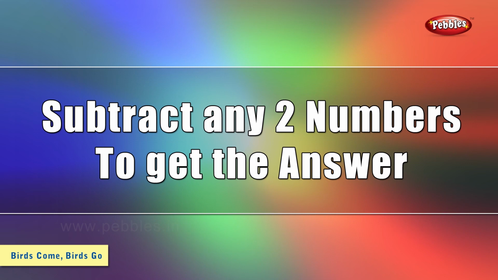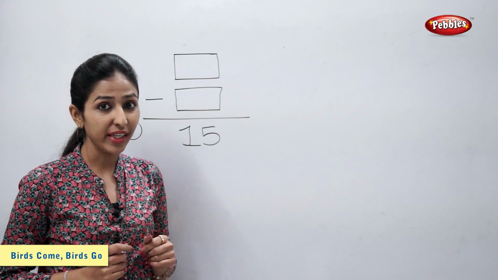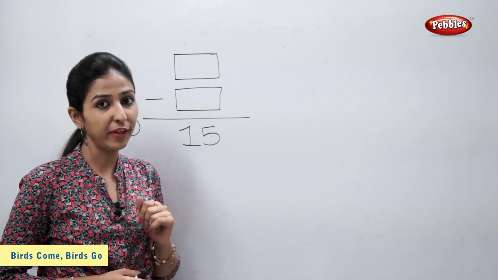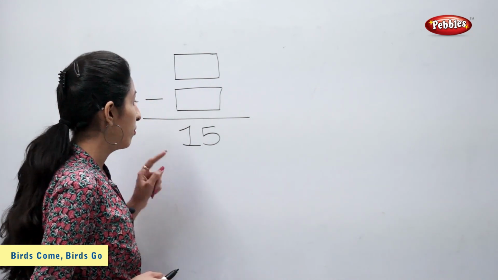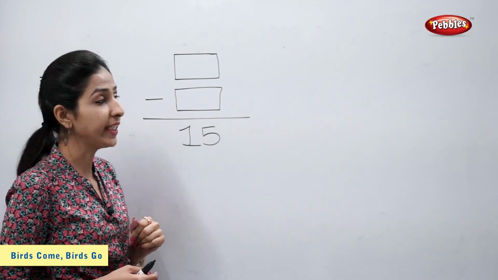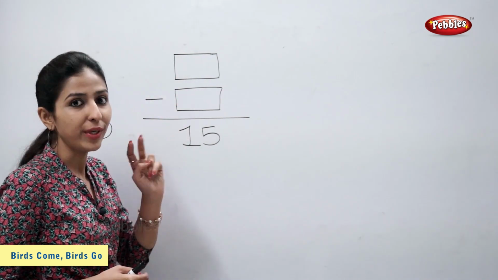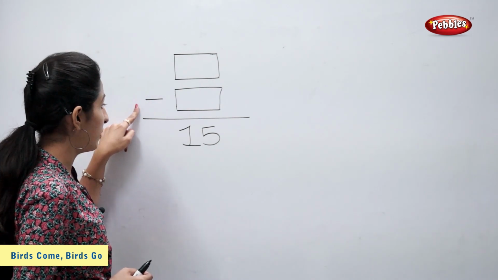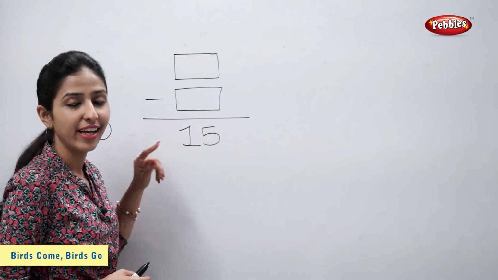Subtracting a combination of any two numbers to get the answer. Students, here we have a different kind of sum. We have answer 15. We have to find two numbers, subtraction of which is 15.